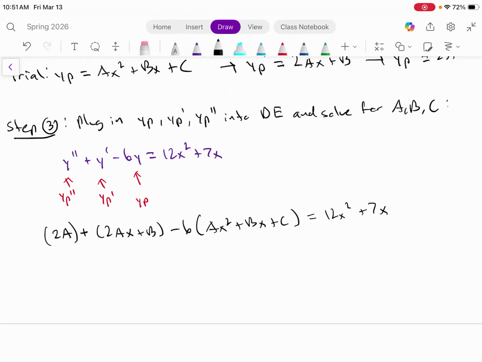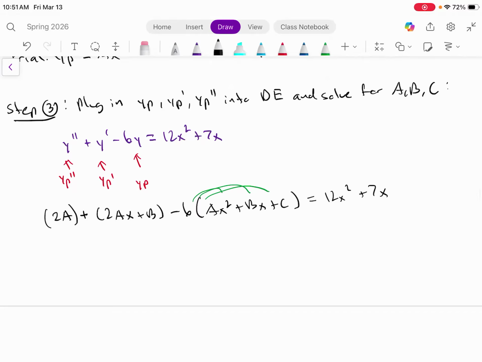Let's go ahead and clean this up a bit. I'm going to drop some parentheses and make sure to distribute the negative 6 into this quadratic. So I would have 2a plus 2ax plus b minus 6ax squared minus 6bx minus 6c equals 12x squared plus 7x.